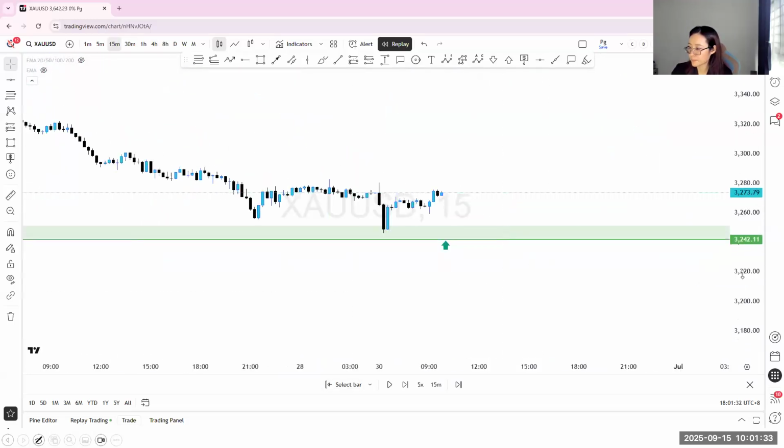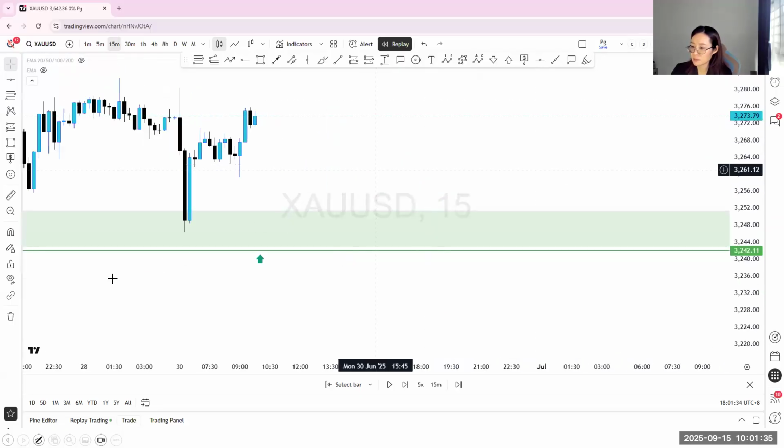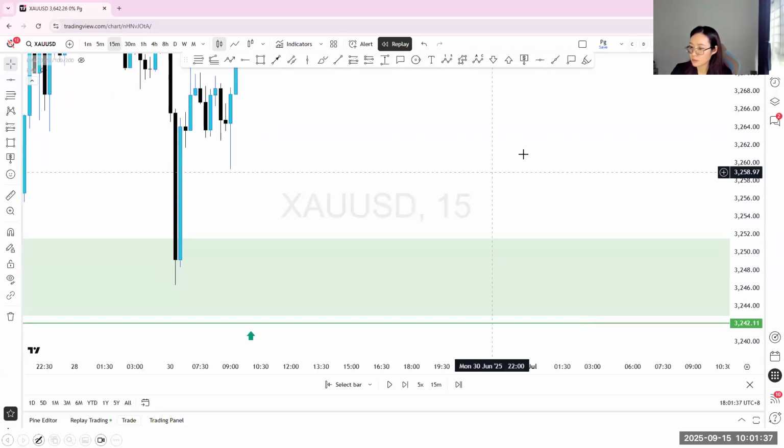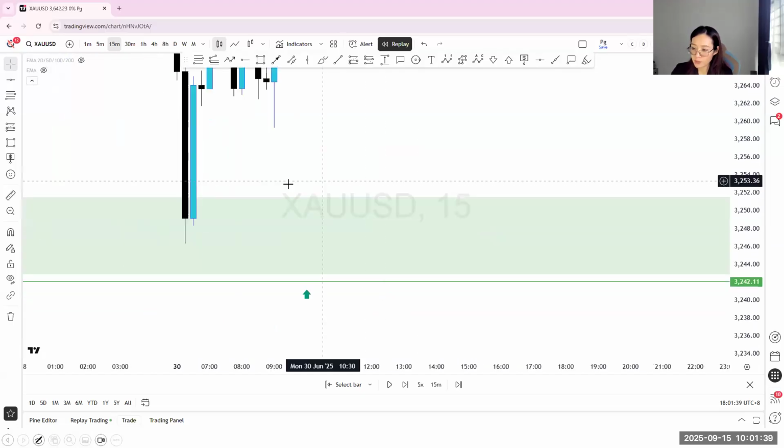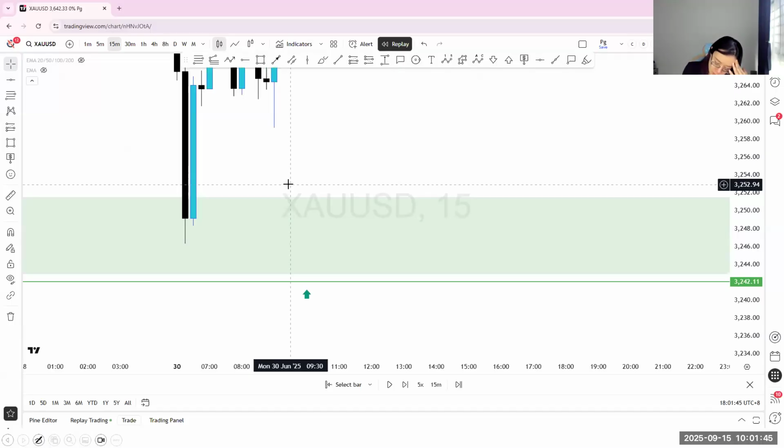What do you see in M15? I don't know how to explain it, but what is this price action called? Is it a tweezer top? This should be a tweezer bottom, something like that.